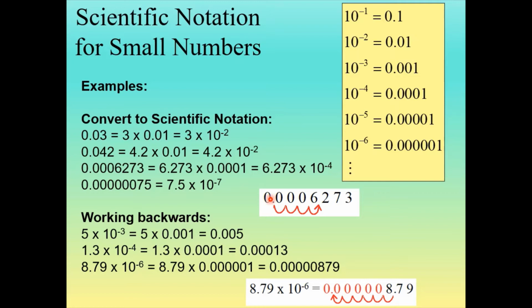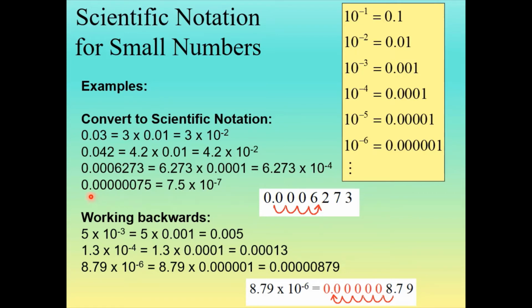0.0006273. Well, I'm showing how to do that here. What we can do is count how many places we have to move the decimal so that it ends up between the 6 and the 2. So we move it once, twice, 3, 4 times. So we have 6.273 times 10 to the minus 4.